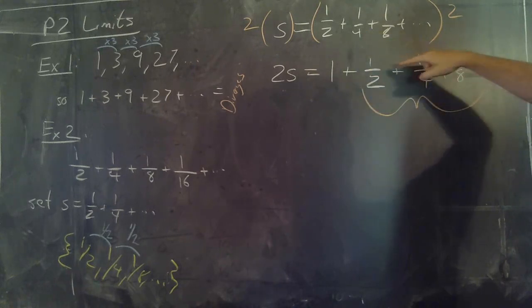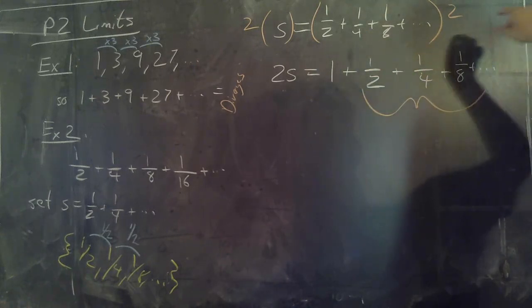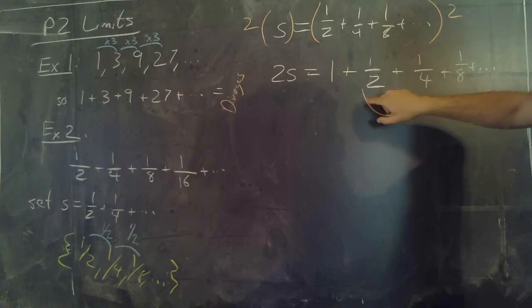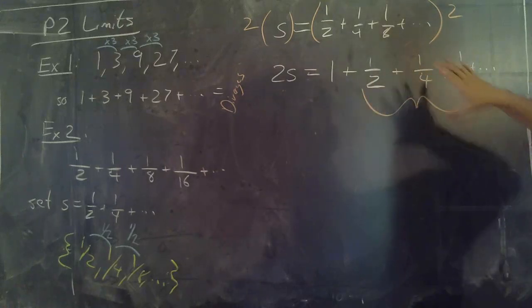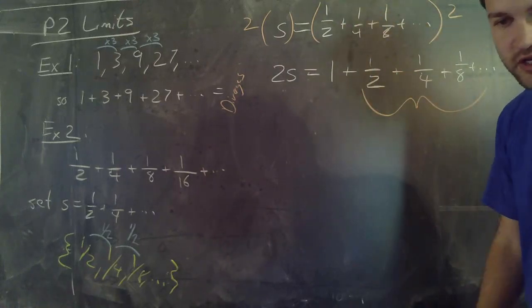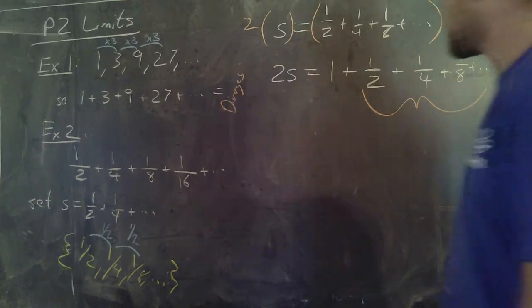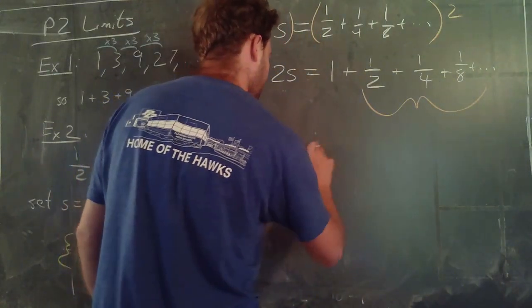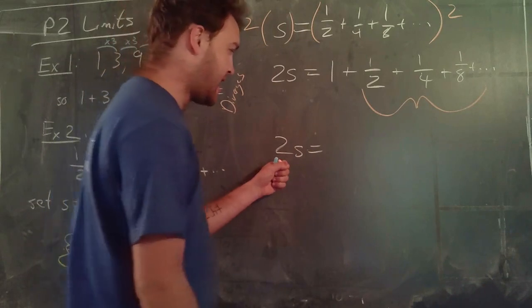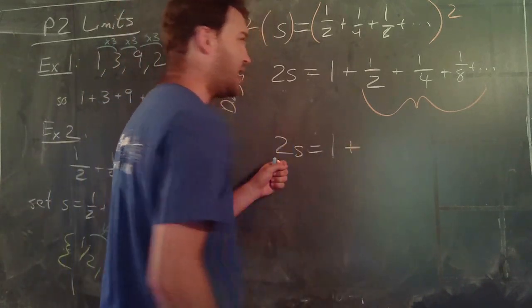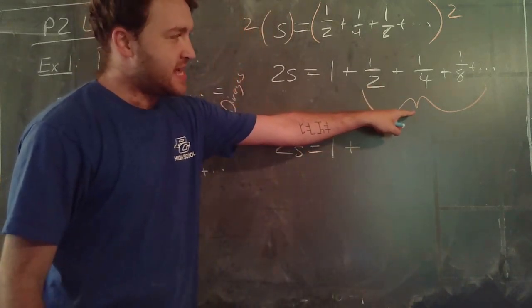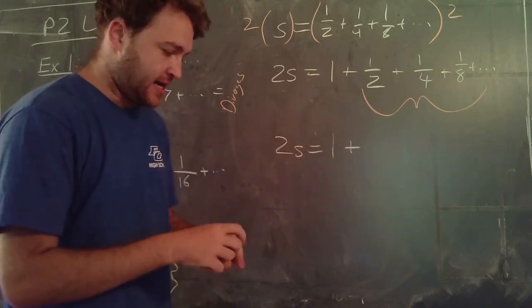And because this continues forever, notice that this part right here, which I've underlined in orange, is actually the same size as the original statement. So what we have is 2s is equal to 1 plus, well, what is all of that stuff underlined in the orange?